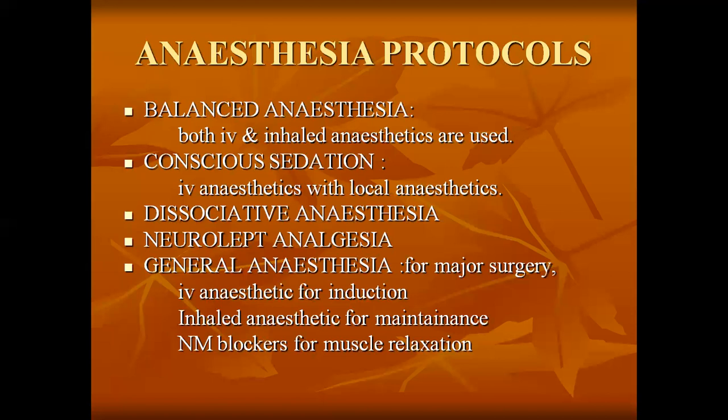When given intramuscularly or intravenously, fentanyl about 2 to 20 micrograms per kg rapidly produces profound analgesia lasting for about 30 minutes. The fentanyl actions can be antagonized by giving naloxone.